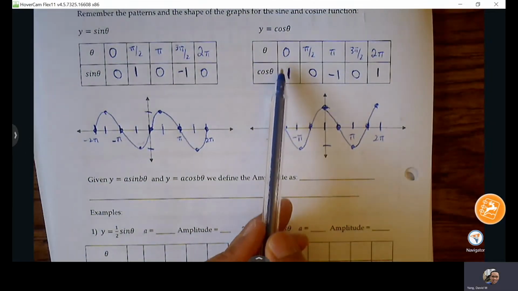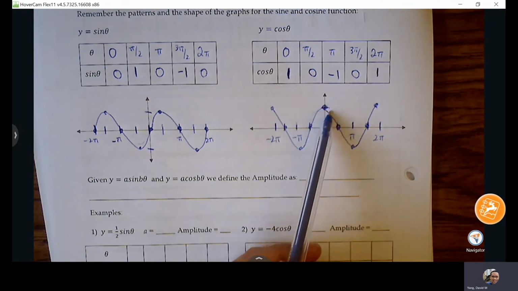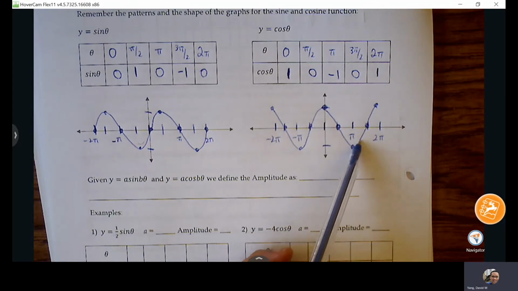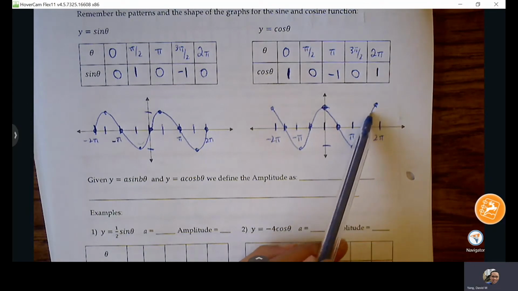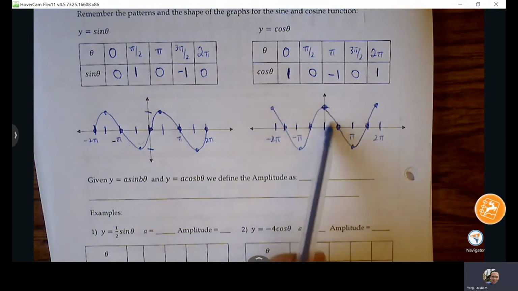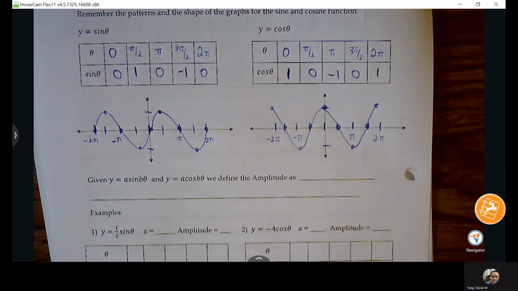Okay, cosine starts at its highest point, and it's going to start making its way to its lowest point, and it's going to end up at its highest point. So it resembles kind of a cup. Okay, questions?